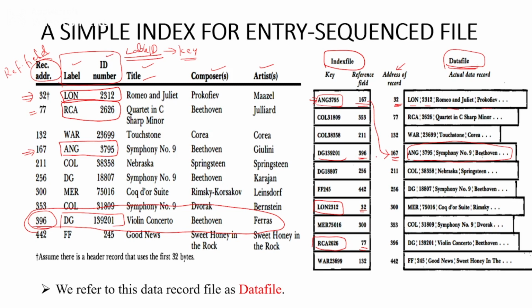So 396 is over here, and I will directly go to that record. Within one seek I can directly reach that particular record and access the data. So this is how an index works, and this is all for today. Let us meet in the next session.